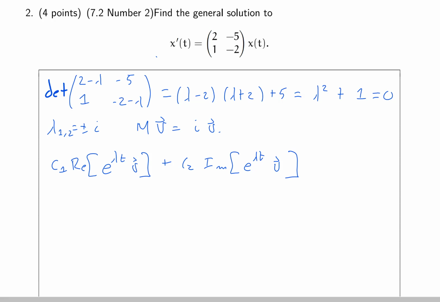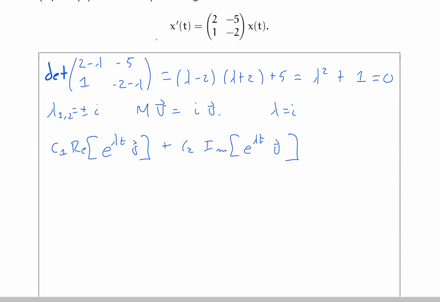Here lambda is going to be i. We could do the same thing with lambda equals minus i, and we'd have a different eigenvector, but we're going to pick lambda equals i as being the eigenvalue.